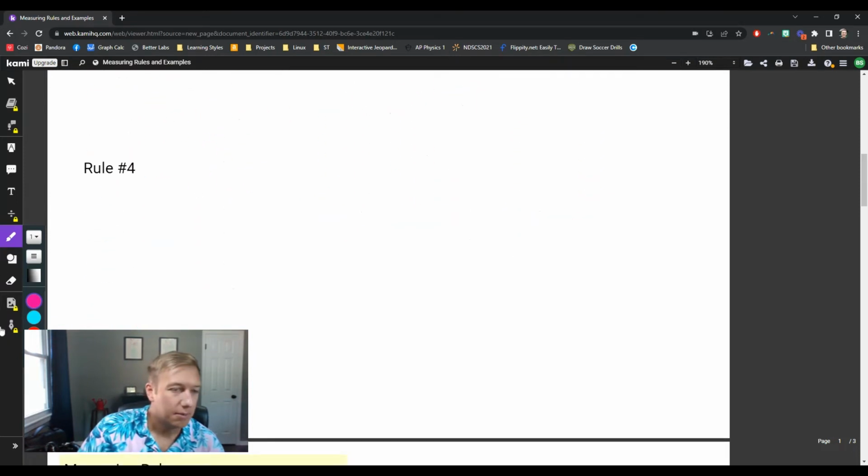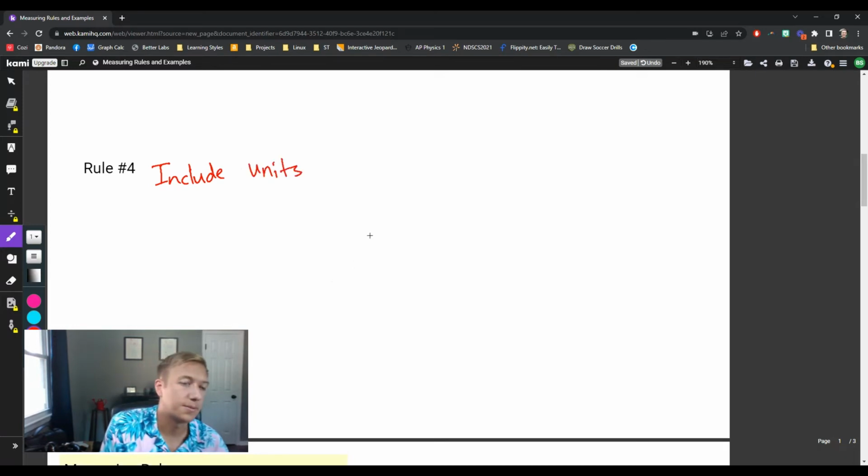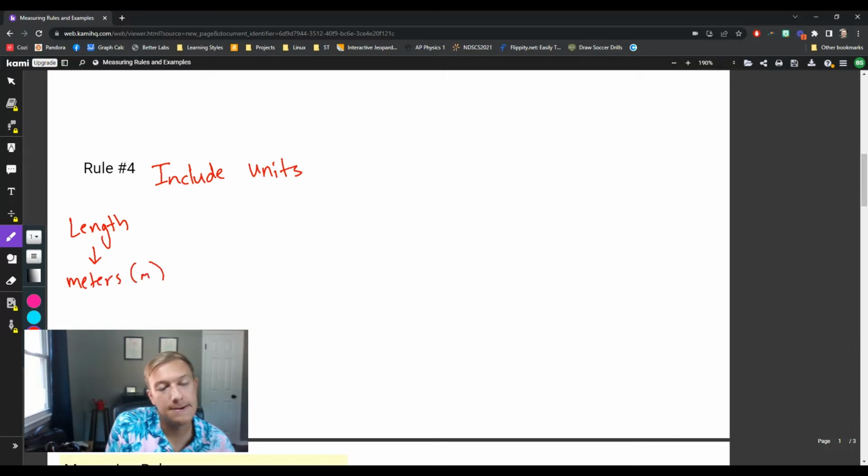Rule number 4 is another easy one to forget. We get a little bit lazy sometimes and want to just write our numbers, but we need to be able to communicate what those numbers are. For rule 4, when we write numbers in science and physics, we always include our units with those numbers. So whether we're measuring length, maybe we'll include meters with the symbol m. Maybe we'll use centimeters.